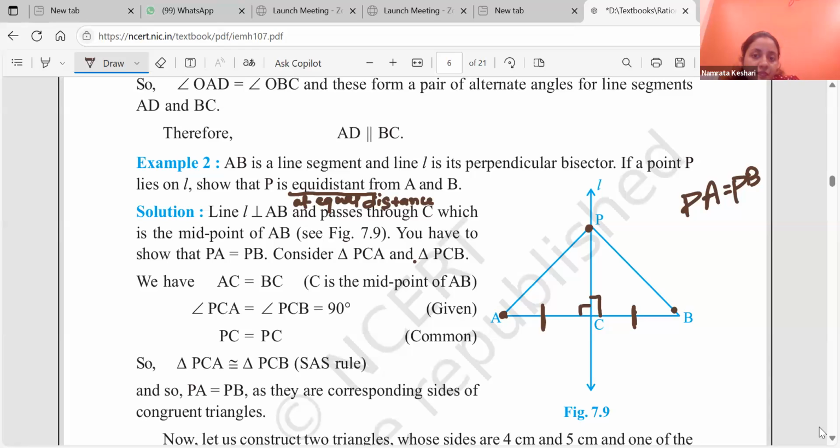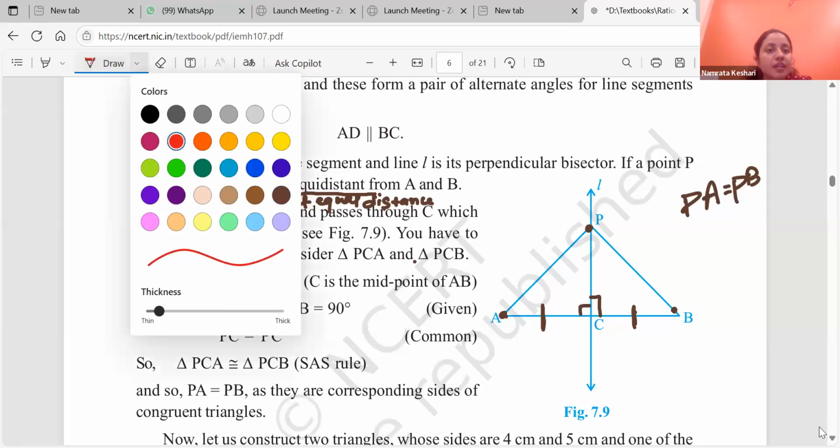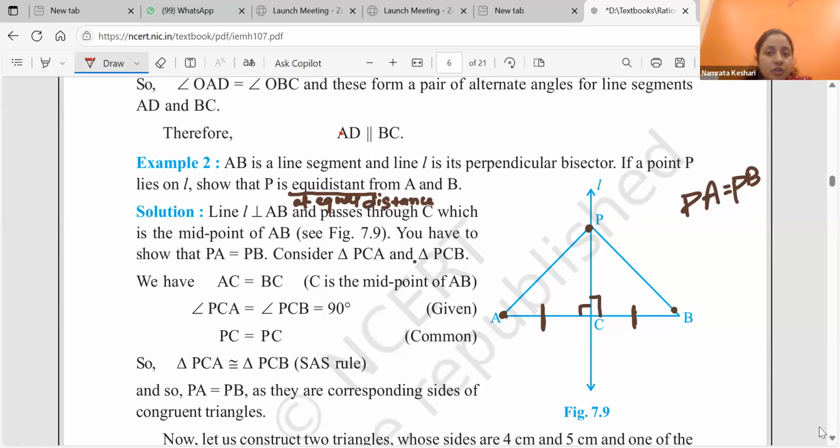So now we are focusing on the left triangle and the right triangle. Again we need three pieces of information which need to match. Please don't get confused. PA and PB we have to prove, so we cannot use that information over here. What we can use is that side AC over here is the same as side BC over there.